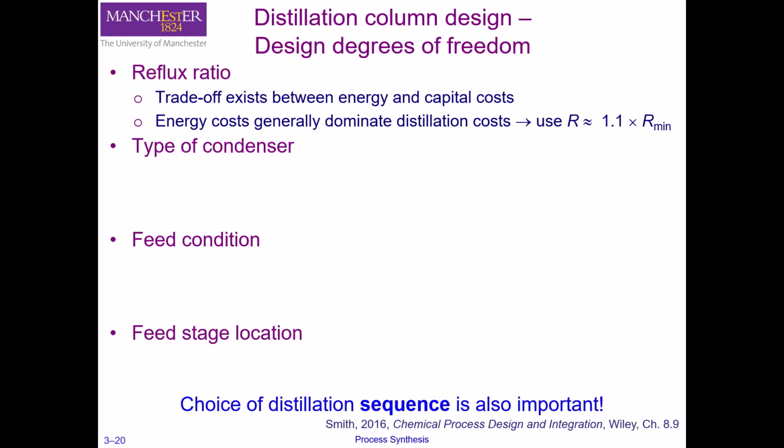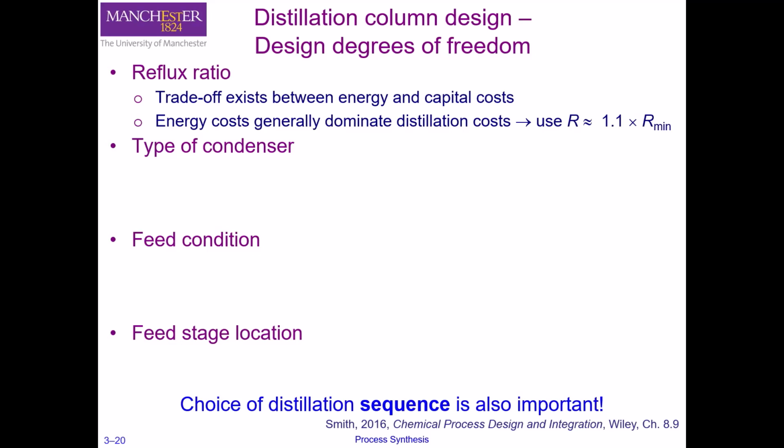What we find in most distillation columns is that the energy cost always dominates the overall costs. The energy cost may be something like 80% of the total cost. This drives us to use a relatively low reflux ratio, but obviously not so low that we end up with the number of stages skyrocketing.